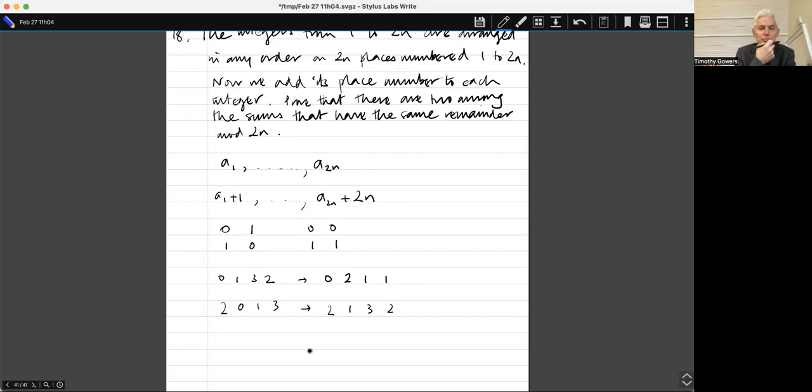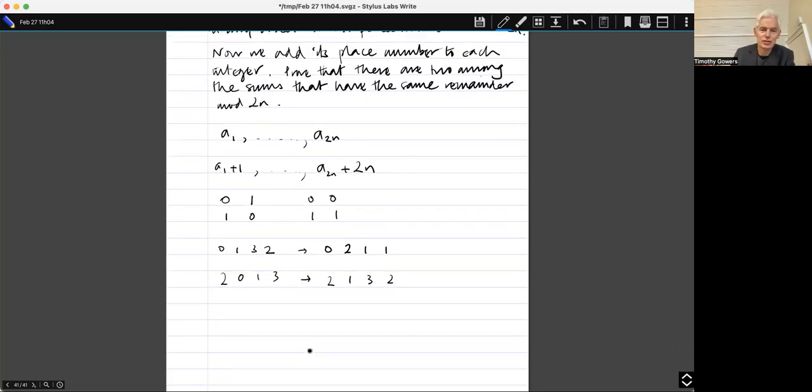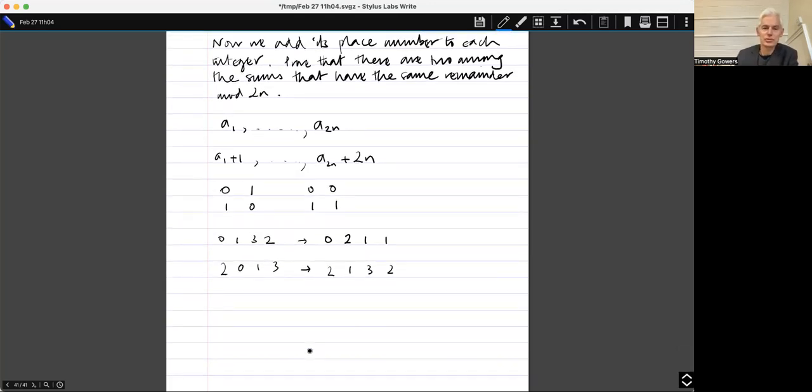I think I might have spotted something, but it was a potential argument. I'm not going to articulate it because I realised that if it worked, it would also work for odd, and we know that this will not work when we have an odd number of things.